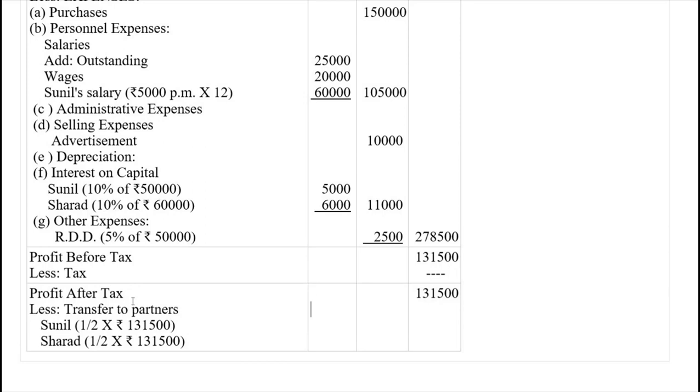When we take it, it comes to 65,750 each. Let's take the total, which comes to rupees 1,31,500.